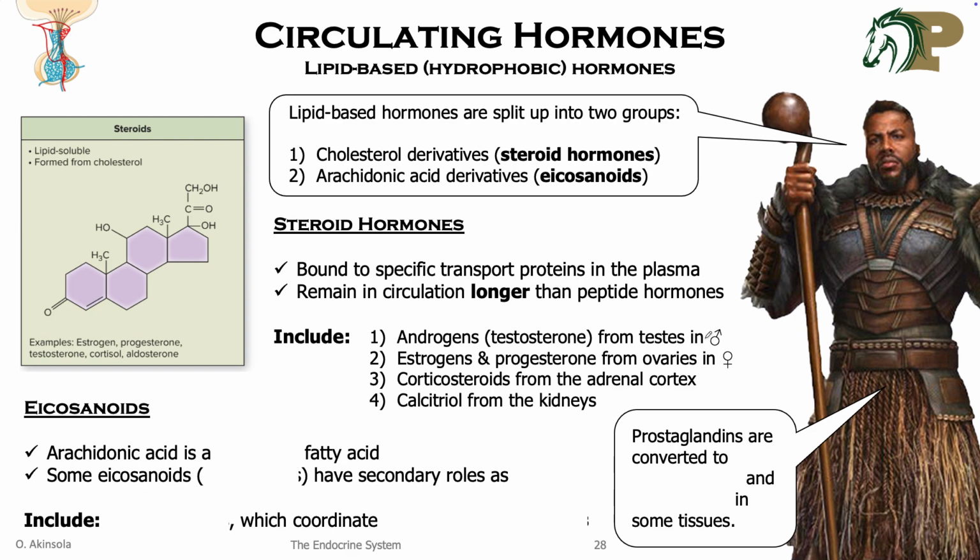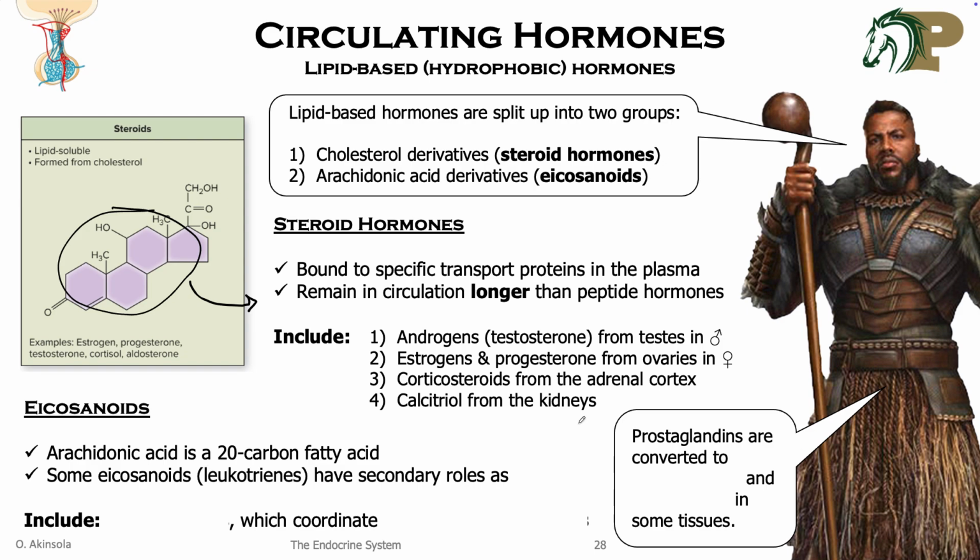Again, these are going to be derived from cholesterol, which looks like this here. This is the basic skeleton: these three rings here, followed by this ring here. So these hexagons and this pentagon. Eicosanoids, on the other hand, are formed from arachidonic acid, which is a 20-carbon fatty acid.